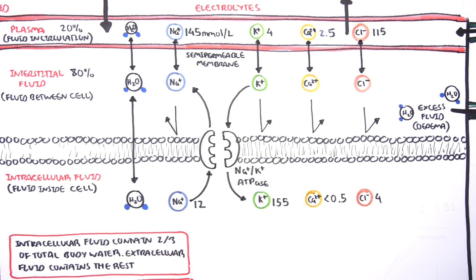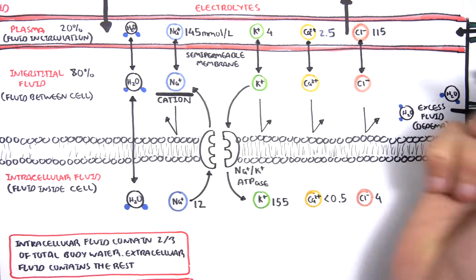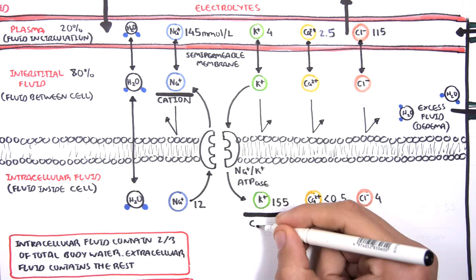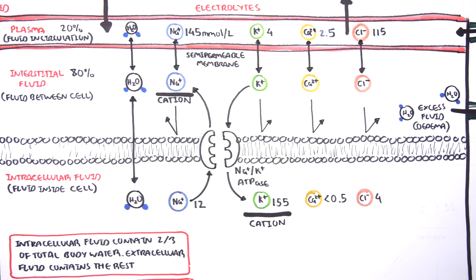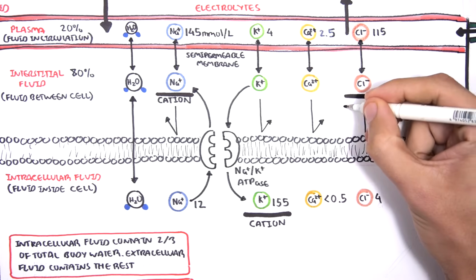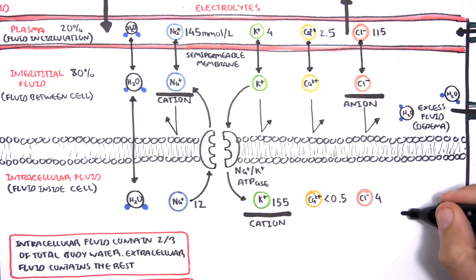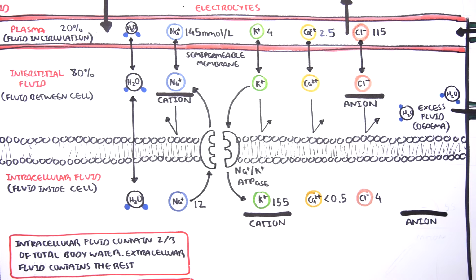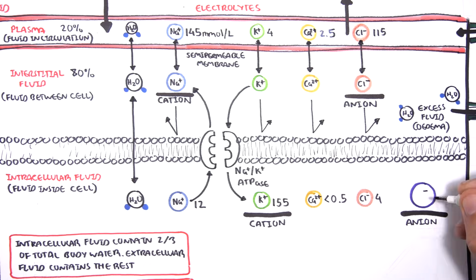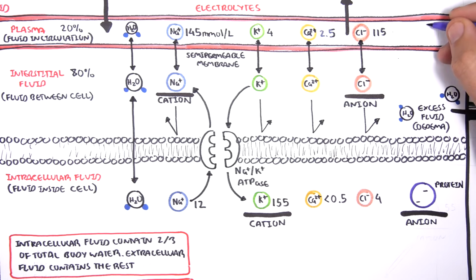You can see straight away that the main cation in the extracellular fluid is sodium. The main cation in the intracellular fluid is potassium. The main anion in the extracellular fluid is chloride, and the main anion in the intracellular fluid are the negatively charged proteins, but the main electrolyte is phosphorus.